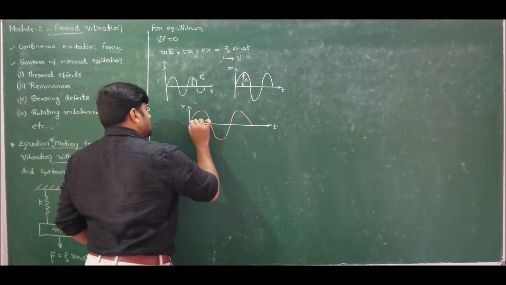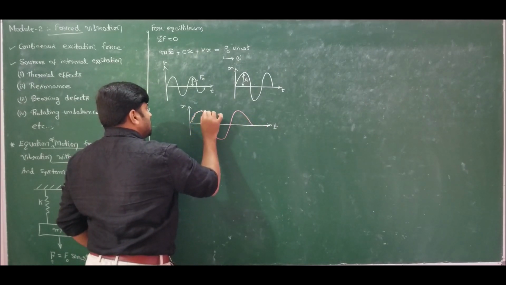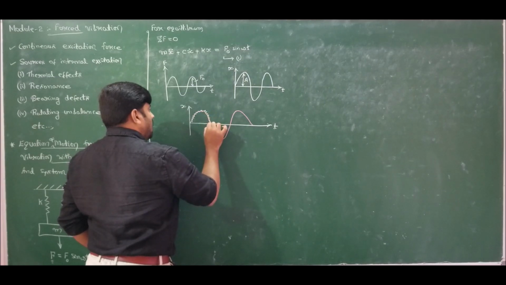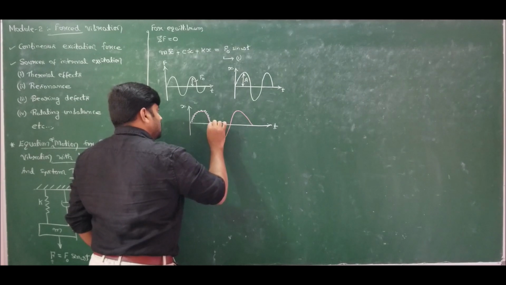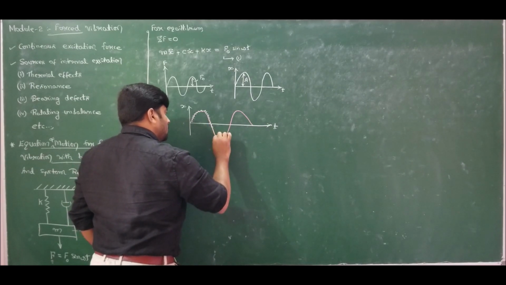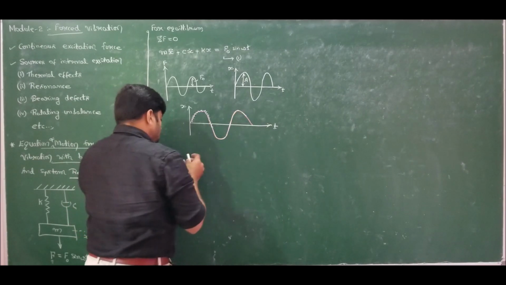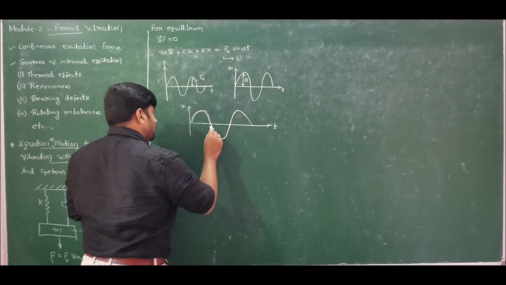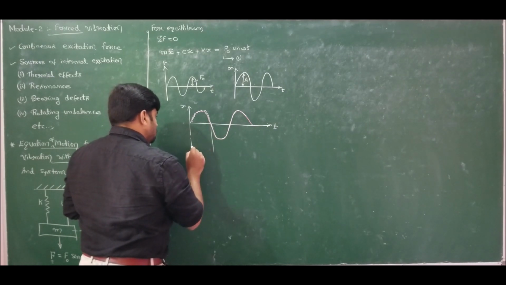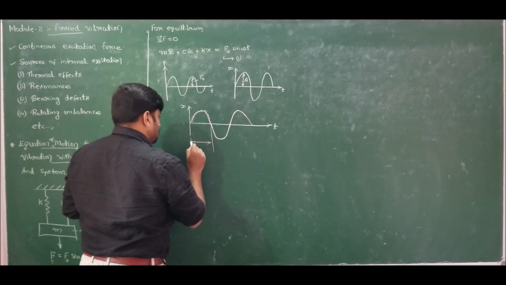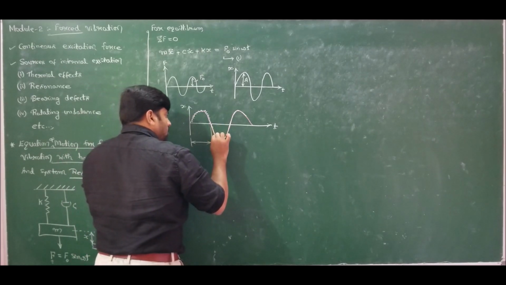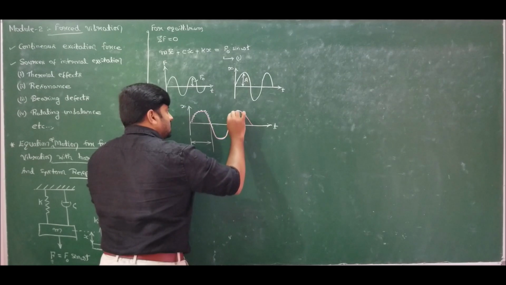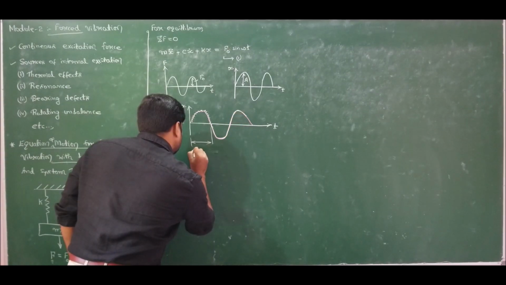Initially the vibration will be transient in nature, it won't trace the harmonic path properly. After that it might follow the harmonic path nicely. So the initial part, the time for which the system is not tracing the harmonic path, is termed as the transient part. Transient.